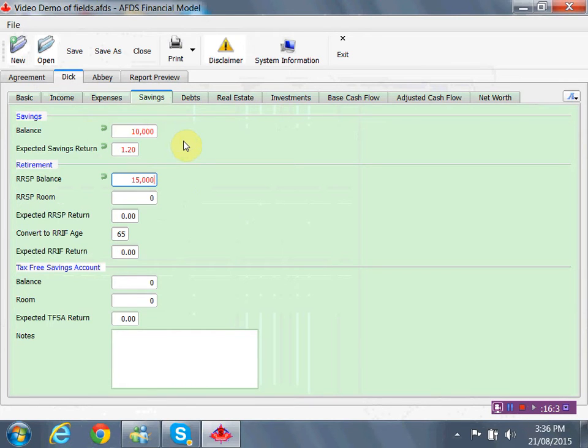So you put in whatever they have as a balance in the RRSP. Find out how much room they've got and enter that. If you don't know it, it's something you'll have to ask them for. What's the rate of return? You enter that. When do they plan to convert it to a RRIF? And what is the return then?